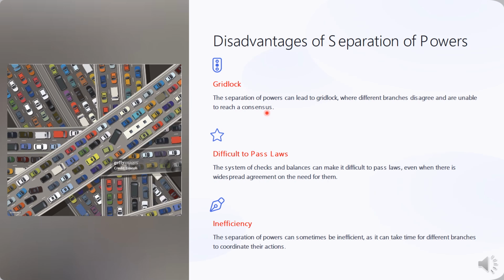Disagreements between branches can hinder lawmaking, and policies cannot be implemented due to gridlock. The system of checks and balances can make it difficult to pass laws even when there is widespread agreement on the need for them. The separation of powers can also be inefficient, as it can take time for different branches to coordinate their actions.